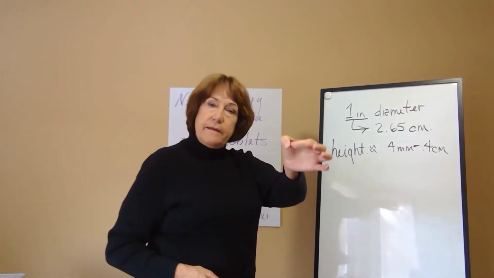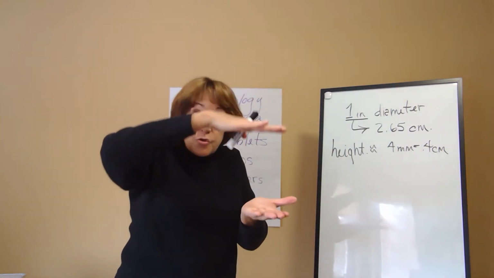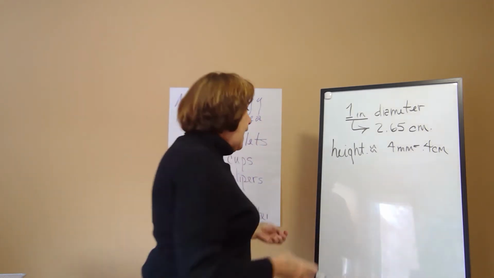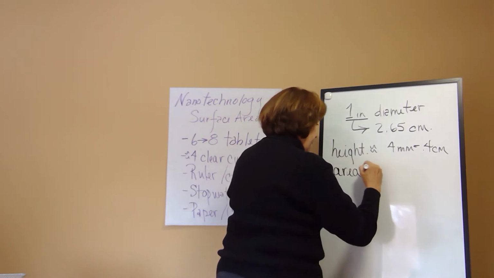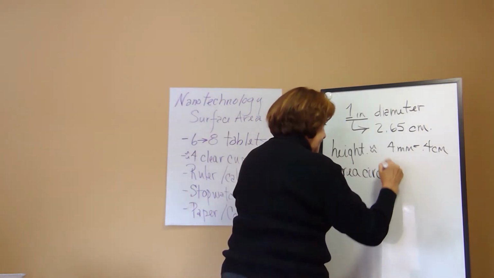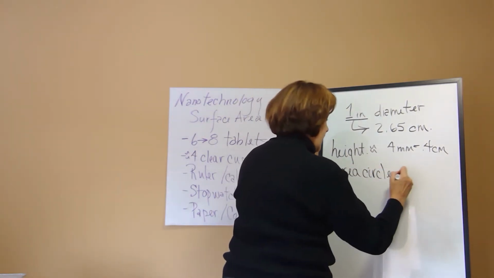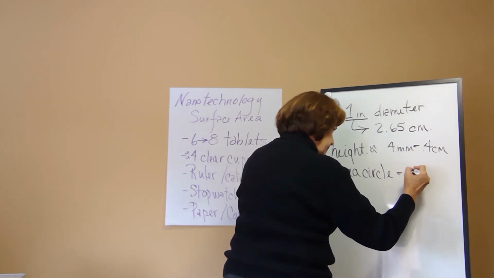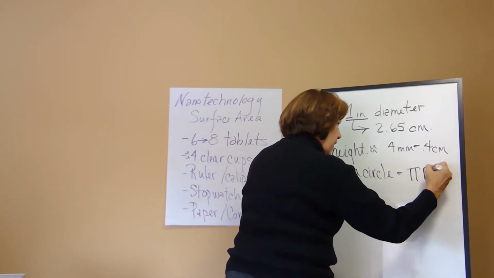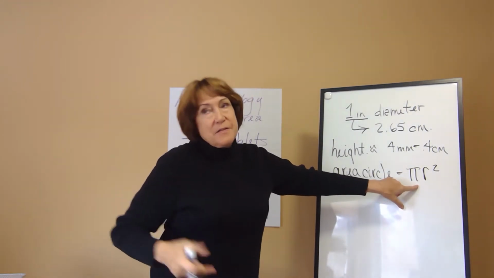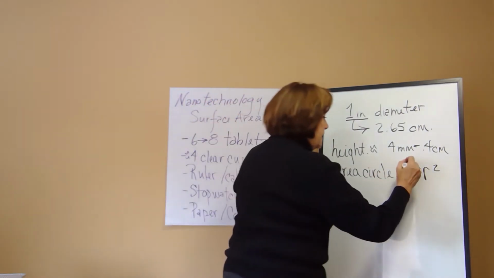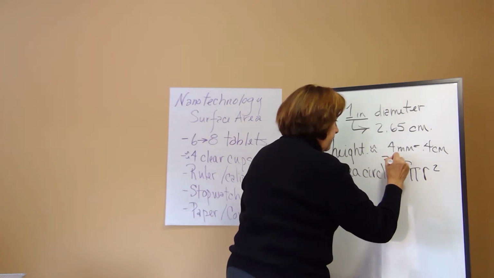Now, we've got a tablet that is basically a very shrunken cylinder. And we know that the area of a circle is pi r squared, where pi we're going to take to be 3.14.